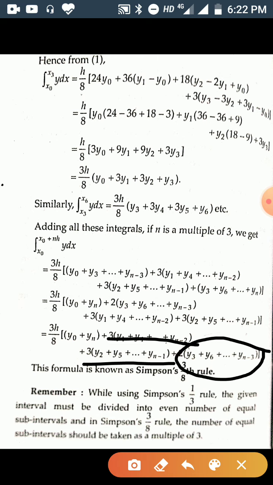So this is known as Simpson's 3 by 8 rule. In Simpson's 1 by 3 rule the interval must be divided into an even number of subintervals, but in Simpson's 3 by 8 rule the number of equal subintervals will be taken as a multiple of 3.